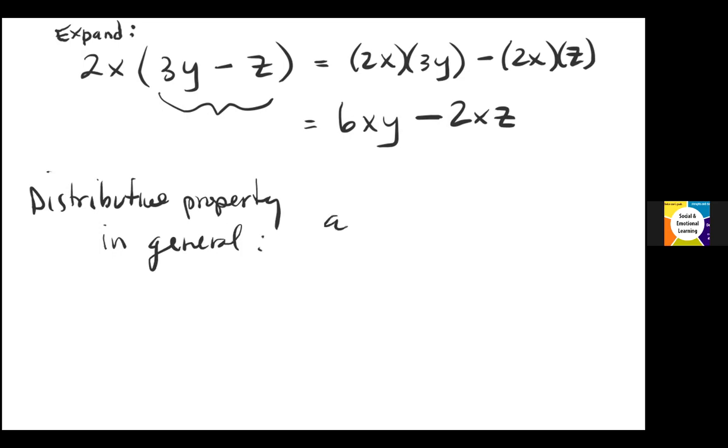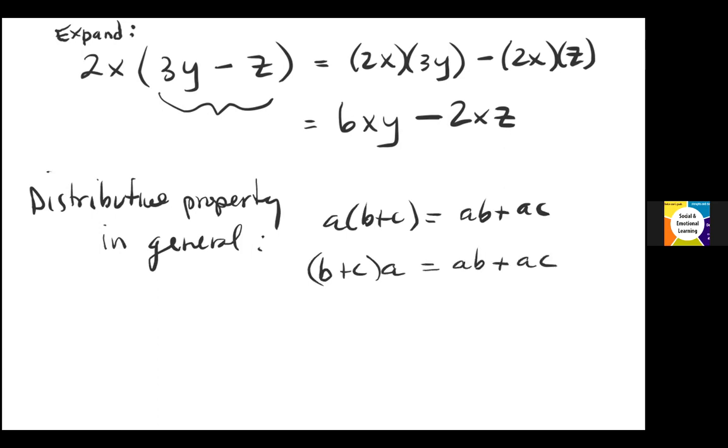It just says that a times (b plus c) is equal to ab plus ac. And we can change the order that we write it in by the commutative property and say that this is equal to (b plus c) times a. We could say that as well.